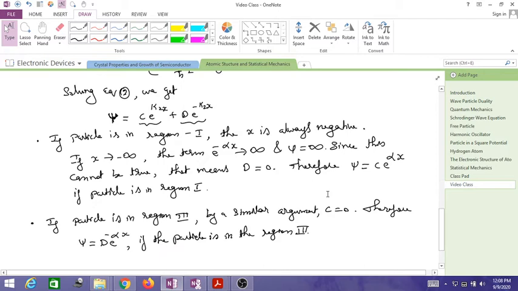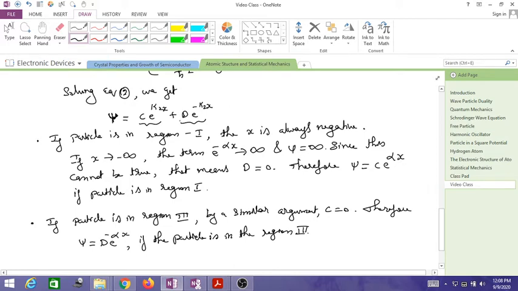So when x approaches minus infinity, this term, when you substitute x with minus infinity, e power minus into minus becomes plus, so e power plus infinity, which approaches infinity. So it means the wave function is infinity. We know from quantum mechanics that the wave function cannot be infinite. It should be some real value.